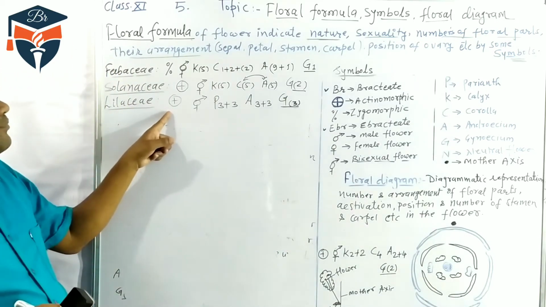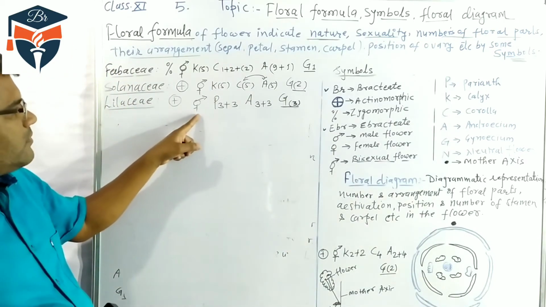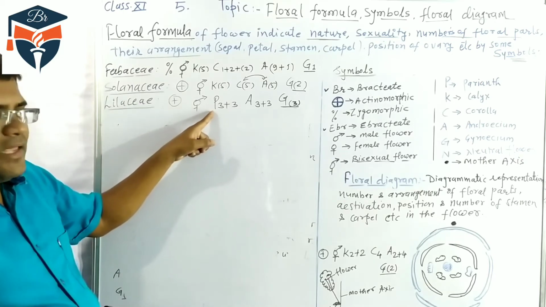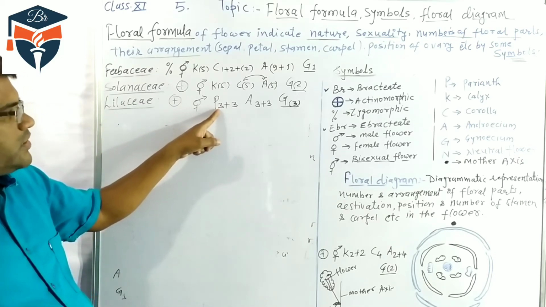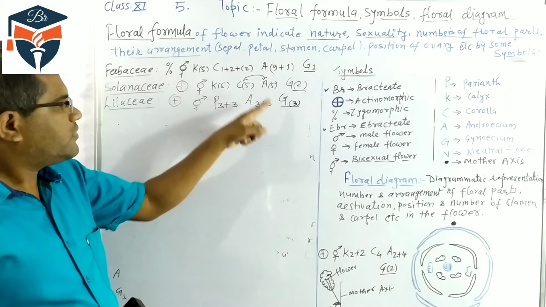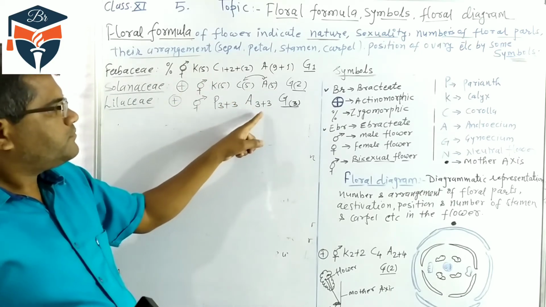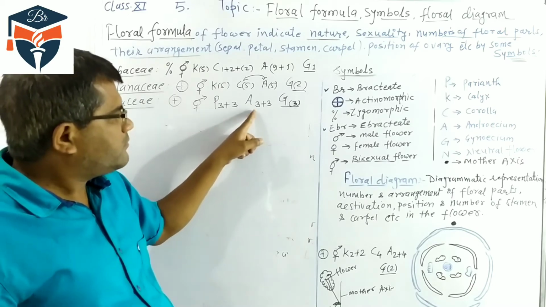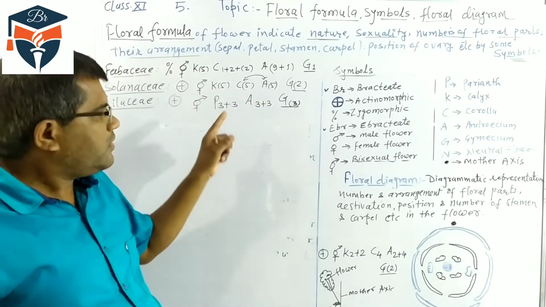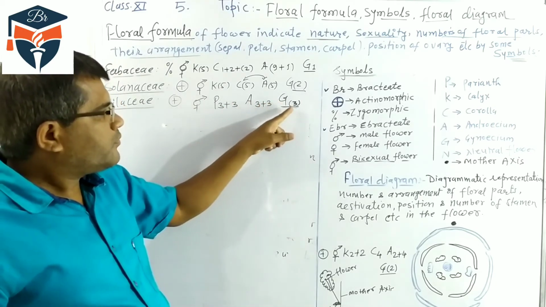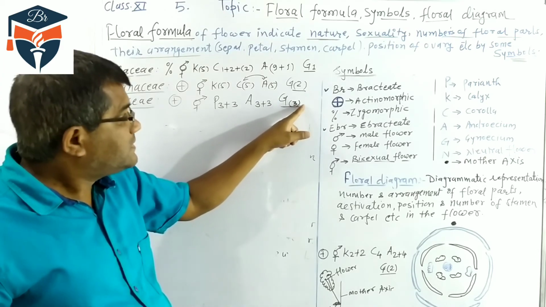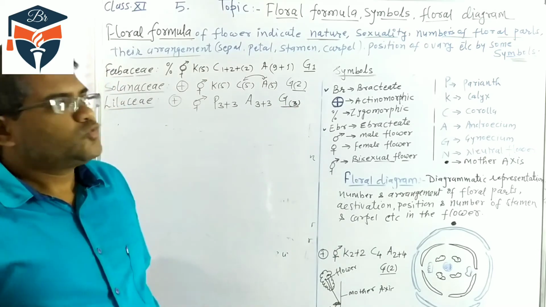Similarly, Liliaceae, actinomorphic flower, bisexual flower, perianth, it means tepals are total 6, 3 plus 3, first whorl 3 and another whorl 3. Then androecium, it means stamens are 6, first row 3, another row 3, and ovary tricarpellary, syncarpous, ovary superior.